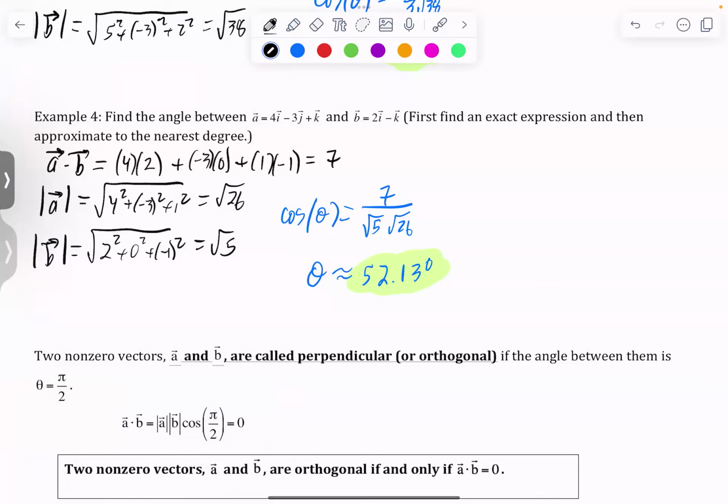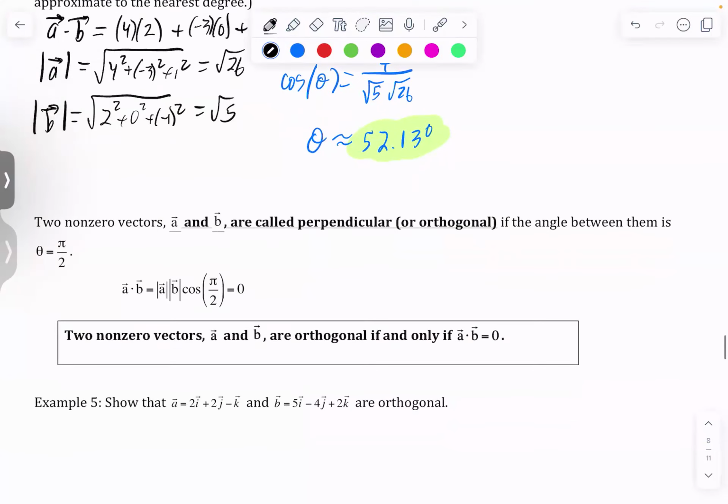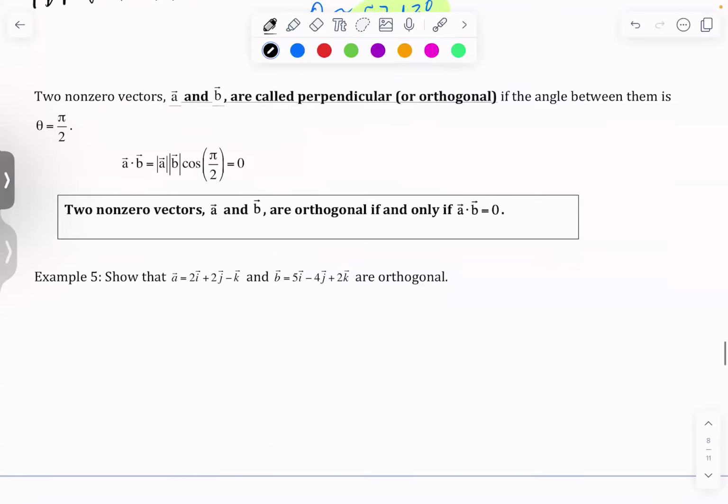Not too bad, not too difficult. So if we have two perpendicular, or orthogonal is the better word for perpendicular, it's a little bit more descriptive. But you can say perpendicular, but you'll hear me use the word orthogonal, and most likely your teacher will use orthogonal as well.